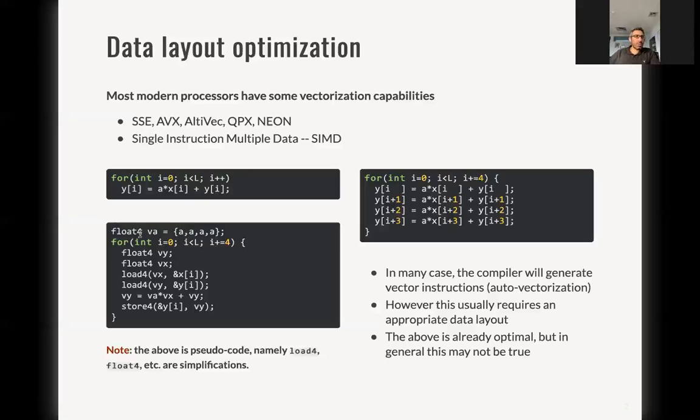The point I wanted to make was that there is special hardware on almost any CPU architecture that is available now. How many operations are we doing here?